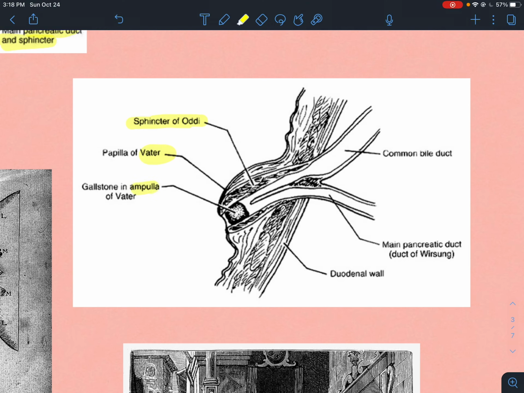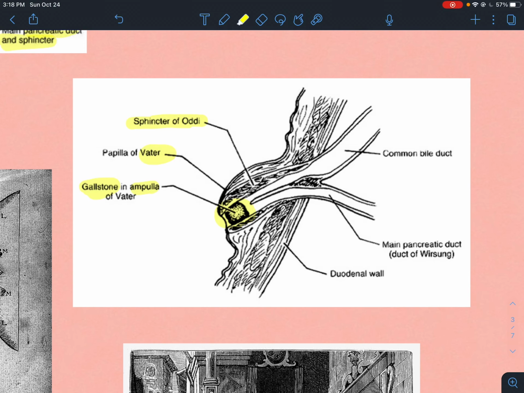And we see that in this image, they have lodged a gallstone in that ampulla, closing off that duct, giving us a glimpse into the problems that gallstones can give us when they're lodged inside these ducts, not allowing those secretions to come out.